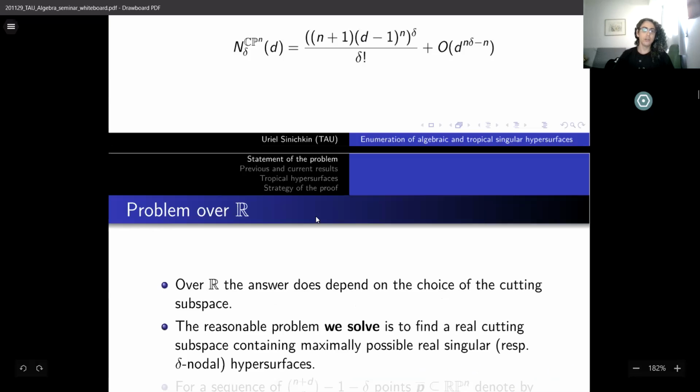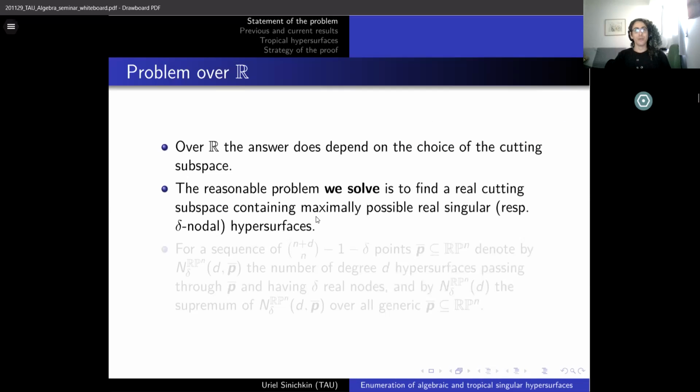Great, so I continue. And I want to answer the question over the real numbers. And as usual, when we remove the algebraic closedness of the field, everything goes horribly wrong. So first of all, the solution does depend on the choice of the cutting subspace, even if we look at open subsets in the parameter space.